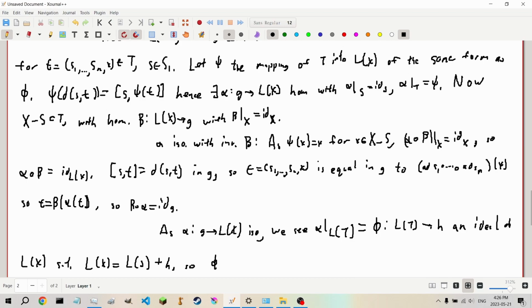So we have that phi of S1 through Sn of X is the composition of the adjoints.